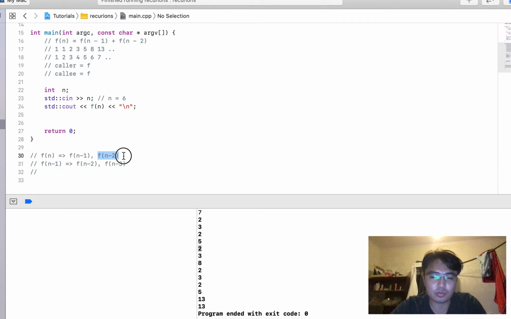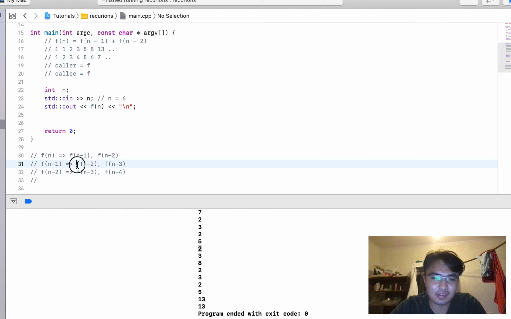And this fn minus 2, independently of the other fn minus 2 call, is going to call its own callees, which will be fn minus 3 and fn minus 4.